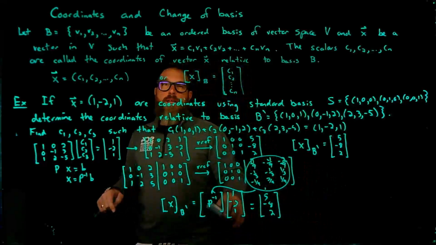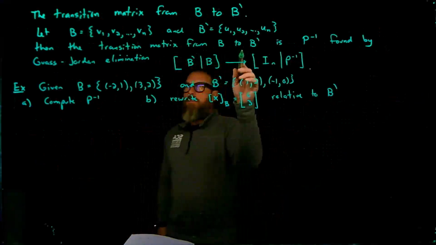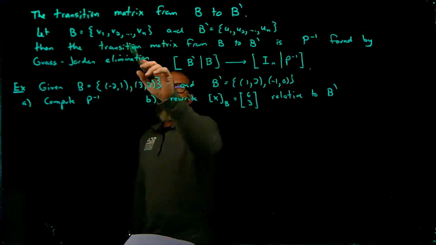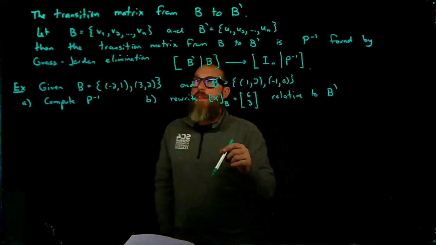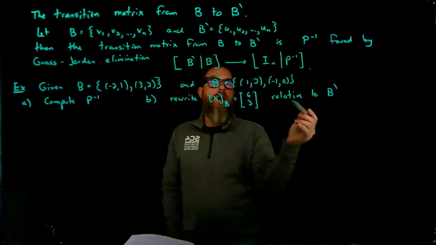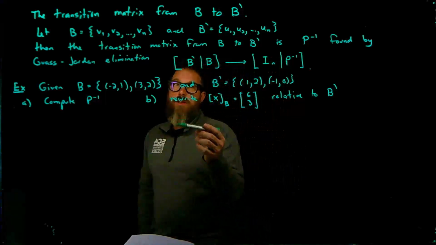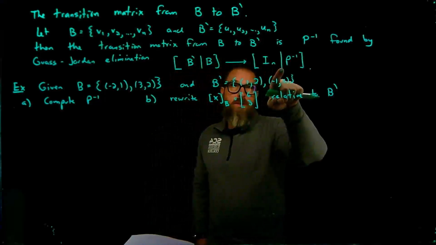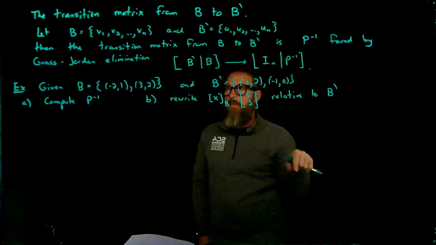So let me write that up. The transition matrix from B to B prime: let B be this basis V1, V2 all the way up to Vn, and then B prime be U1, U2 all the way up to Un. Then the transition matrix from B to B prime is this P inverse, and it's found by just Gauss-Jordan elimination. You just adjoin B prime with B, and then you row reduce, and you're going to get I over here, and then the transition matrix that goes from B to B prime.